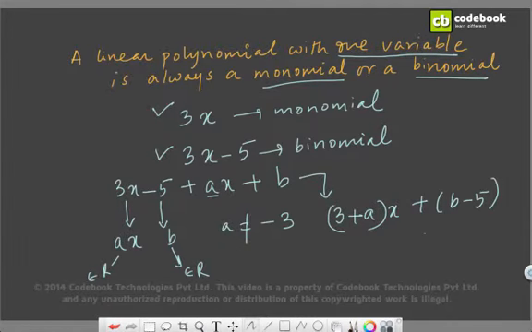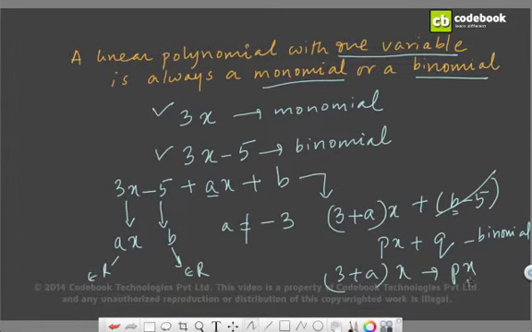Now if you observe this, for any value of b other than 5, this is in the form of a binomial, px plus q. For b equal to 5, this term gets cancelled out and you will remain with (3 plus a)x, which is in the form of px, which is a monomial.